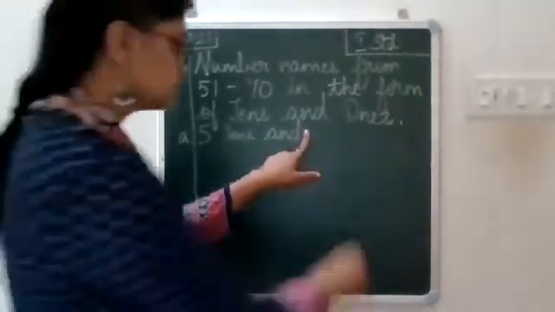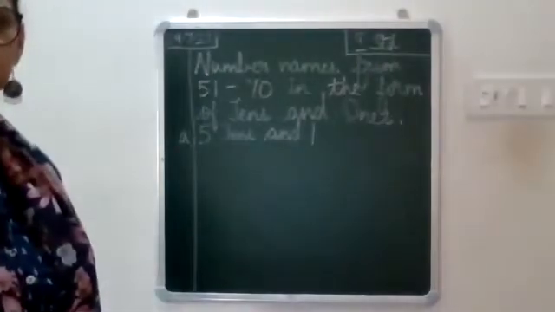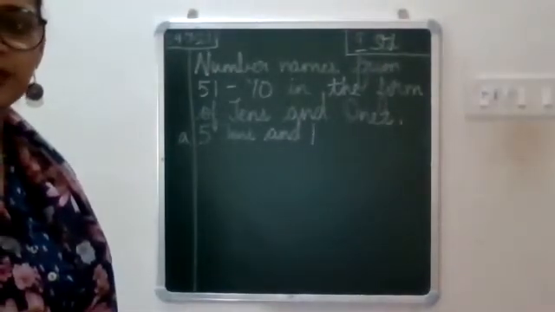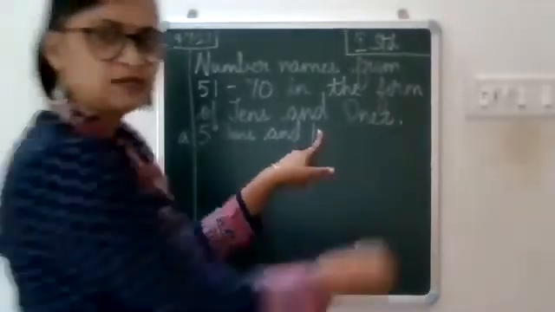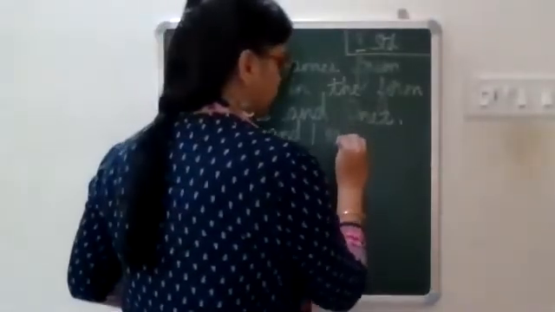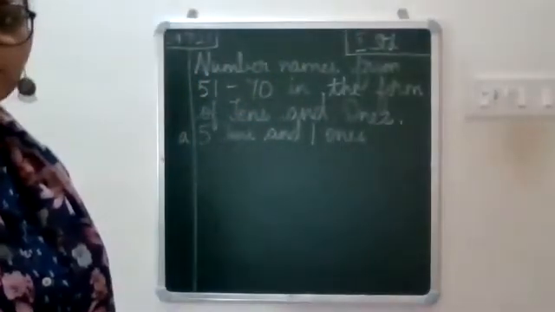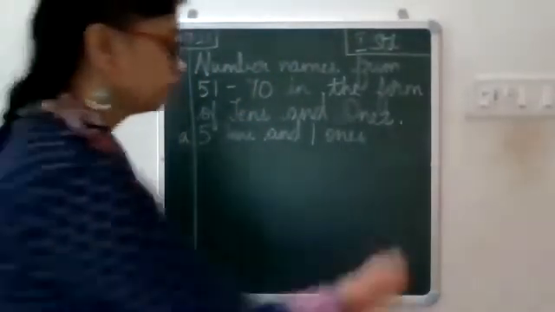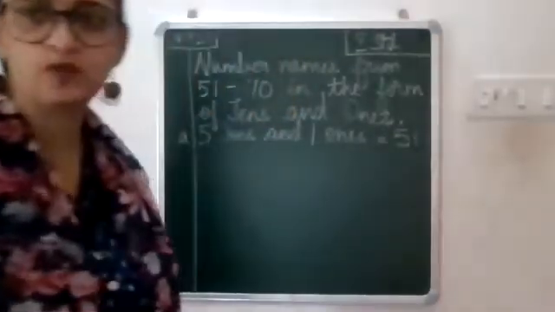Leave a finger space, write the number 1. Leave one finger space, write ONES, ones. Okay, 5 tens and 1 ones is equal to, very good, 51.